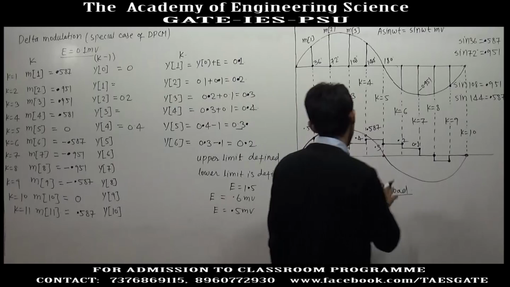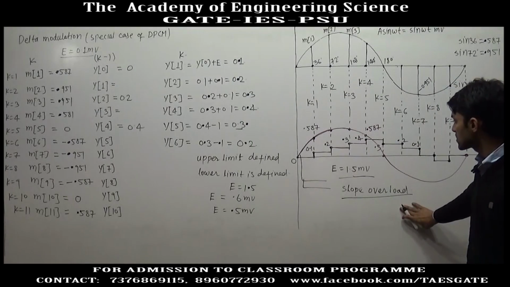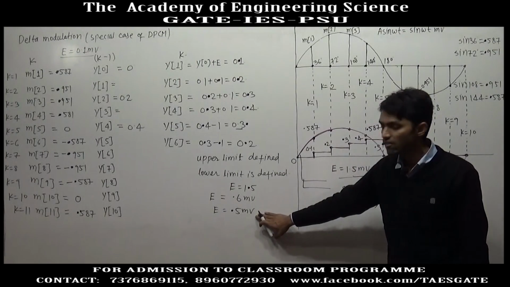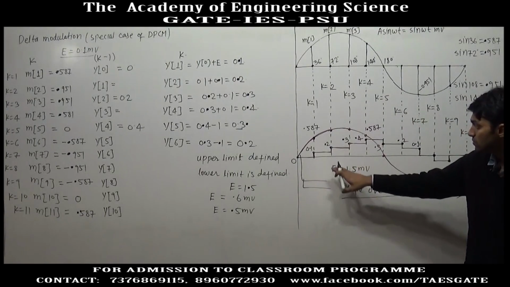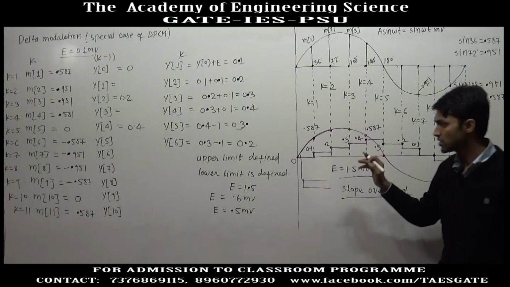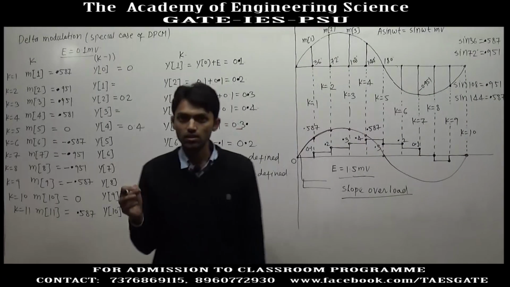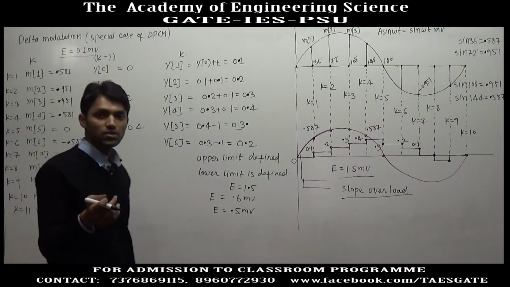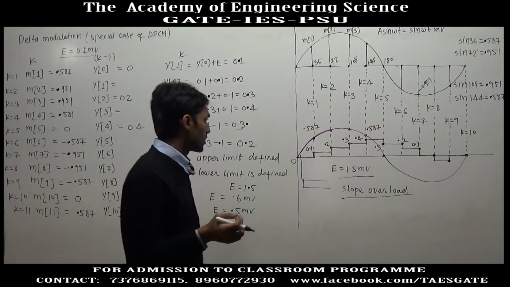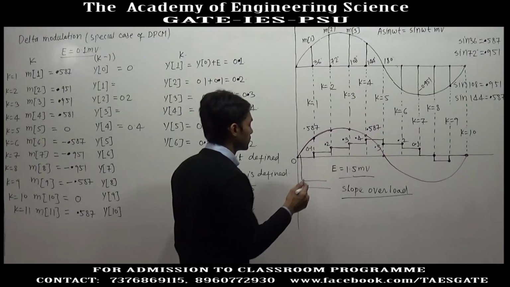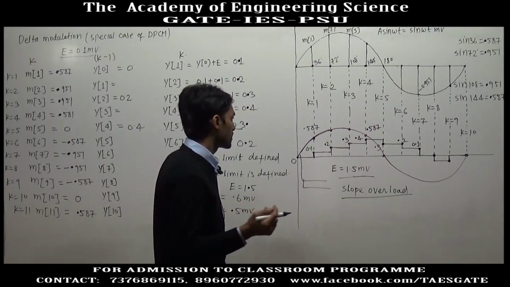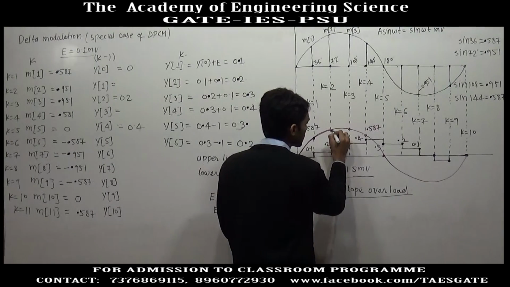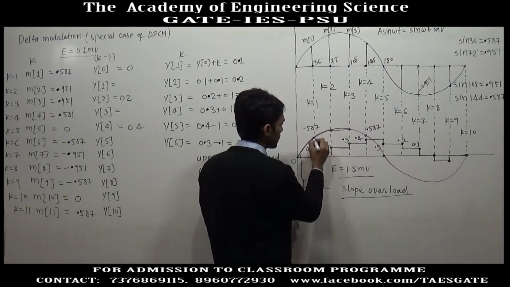And to avoid slope overload, since in case of slope overload the threshold is very less than the change in output, we must ensure the value of threshold is greater than the maximum change in the consecutive input. Like here the change in the consecutive output is 0.